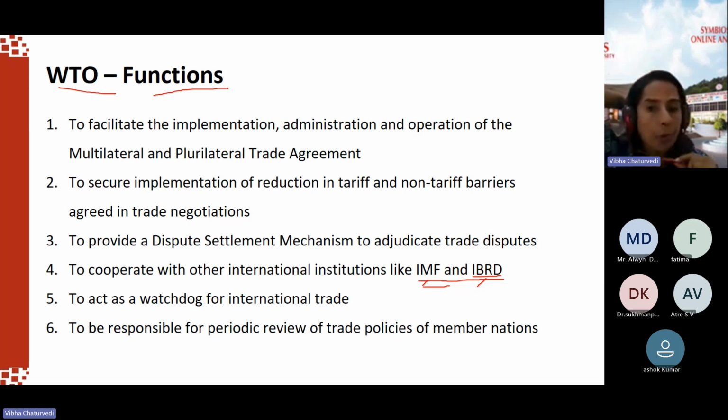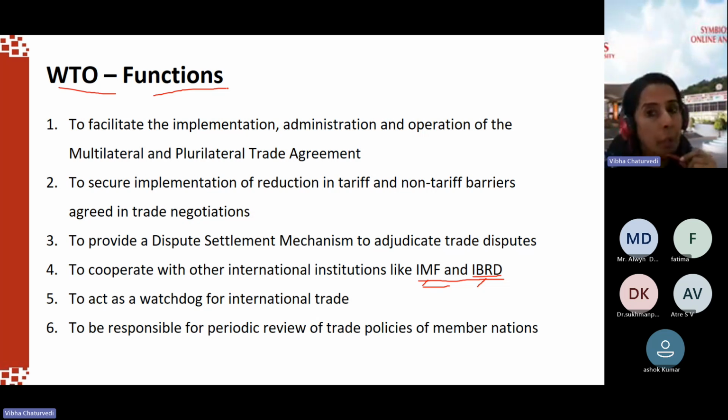To be responsible for periodic review of trade policies of member nations. You must keep reviewing it because times are dynamic, requirements and needs keep changing. The whole global dynamics keep changing. For example, countries like India, Africa, and others are asking for a lot of changes to be brought about in the policies of the WTO and IMF because they feel that they are more in favor of the developed countries and less in favor of the underdeveloped countries.